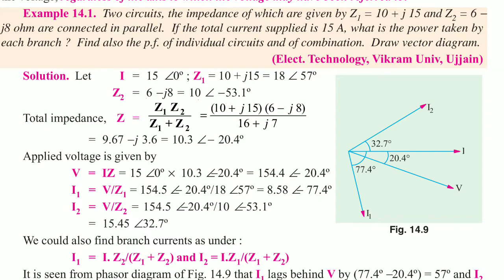So here the applied voltage is given by the formula V is equal to I into Z. So 15 angle of 0 degrees into 10.3 angle of minus 20.4 degrees gives 154.4 angle of minus 20.4 degrees.